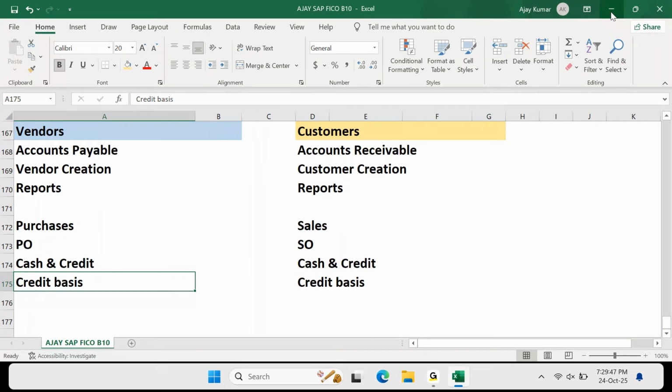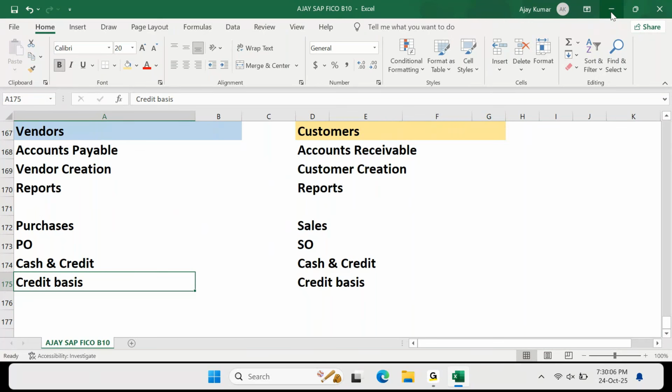Correct. So until the amount is collected, you say that I am supposed to receive an amount from so and so customer. It becomes your accounts receivable, which is a current asset in your balance sheet on the asset side. Similarly, when you talk about vendor, you will buy now, but you will pay tomorrow.